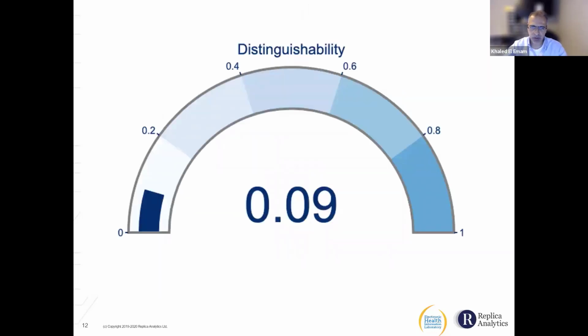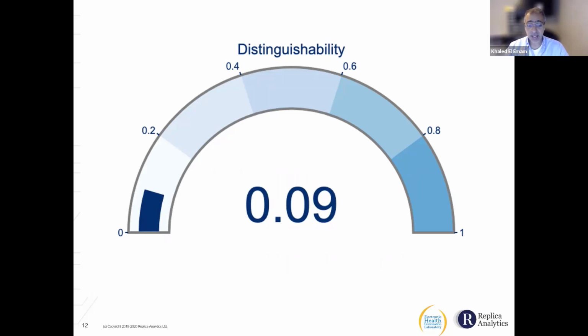Now, another important metric that we use to evaluate the quality of the synthetic data is distinguishability. And distinguishability is a data utility metric that computes how well a discriminator can tell the difference between real and synthetic data.